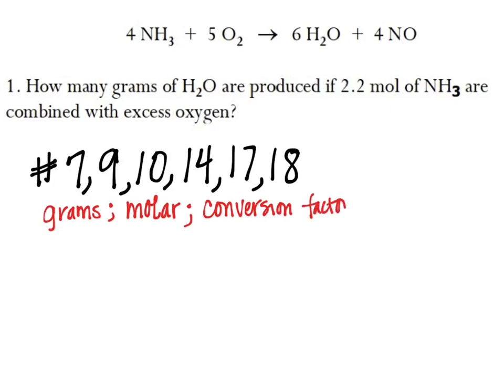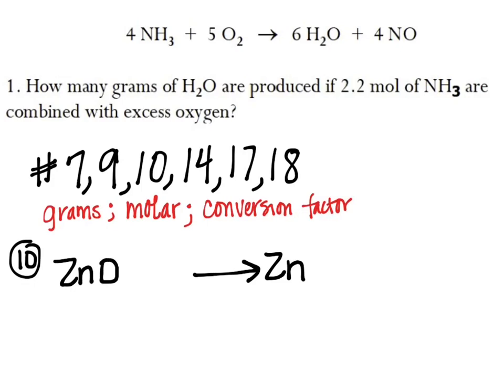So I'm going to work number 10 with you guys. Number 10 says zinc metal can be obtained from zinc oxide. So I know that my product is going to be zinc, and I know that my reactant is zinc oxide, by reacting the oxide with the element carbon.